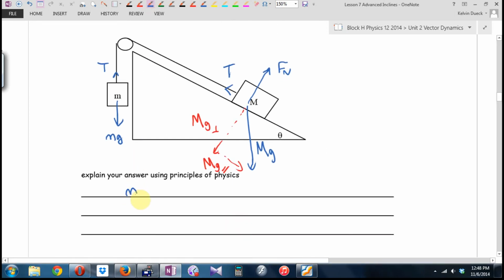We have little mg, if it's less than big mg sine theta, let's get the theta there, Mr. Dueck. What does that mean? Little mg goes up. Otherwise, little mg goes down.